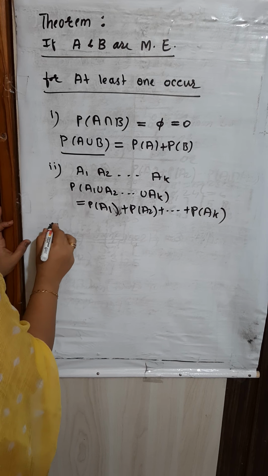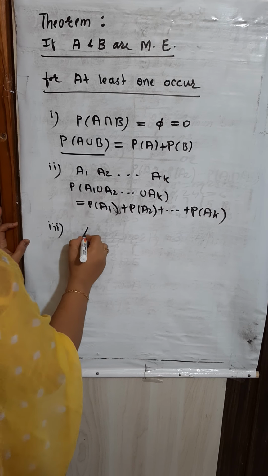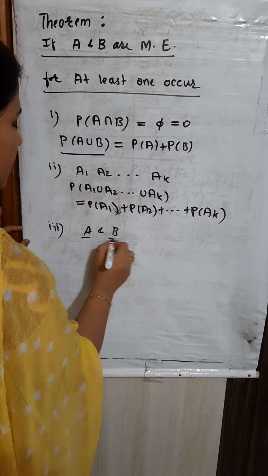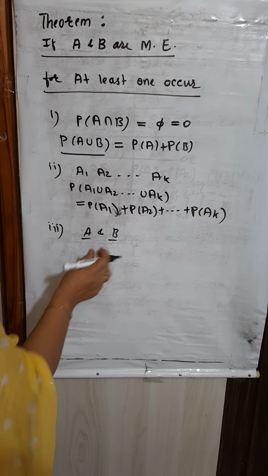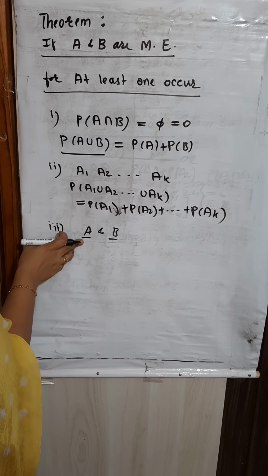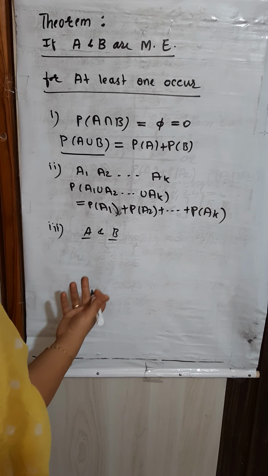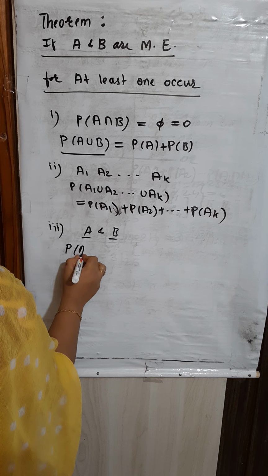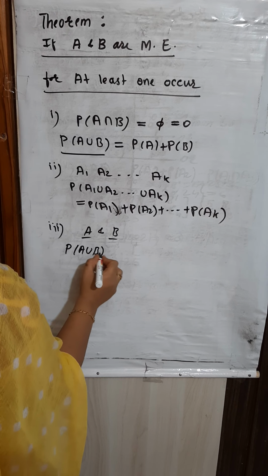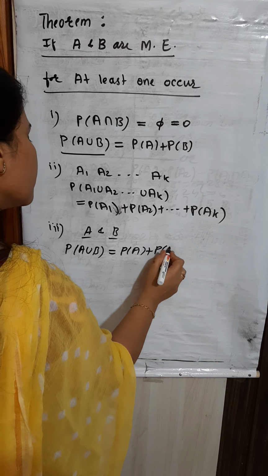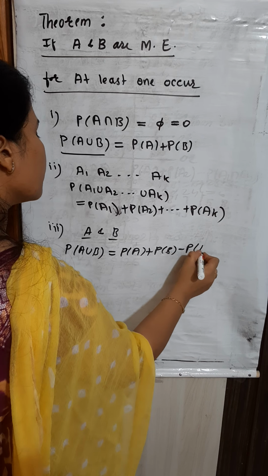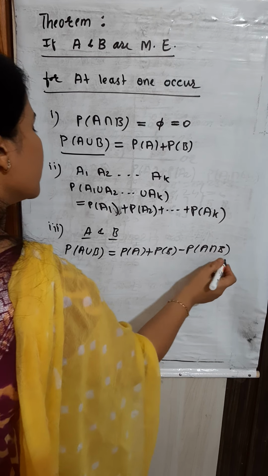Third theorem: if there are 2 events A and B, what is the probability that at least one of them will occur? At least one of them means either A can happen or B can happen or both can happen. So the probability of A union B will be probability of A plus probability of B minus probability of A intersection B. Why A intersection B?